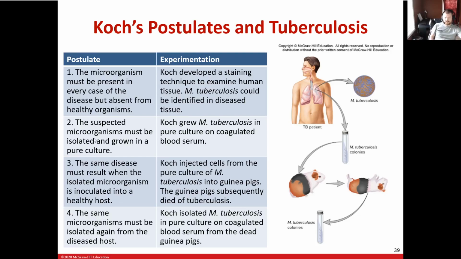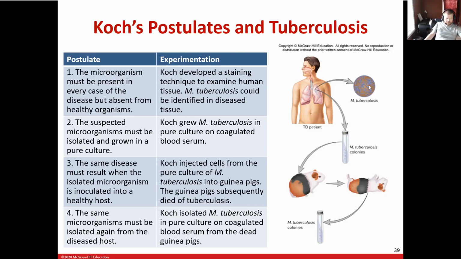And then the last of Koch's postulates is the same microorganism must be isolated again from the diseased host, right? So you take the strep from you because you had strep throat, and you give it to someone else. They must then be able to take that organism from that individual, right? Because maybe when you sampled the back of your throat and put it in someone else's, maybe you didn't get the actual strep, maybe you got something else, and so you can't be sure, right?